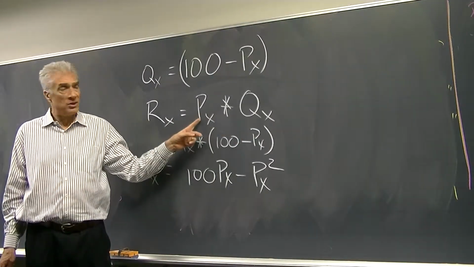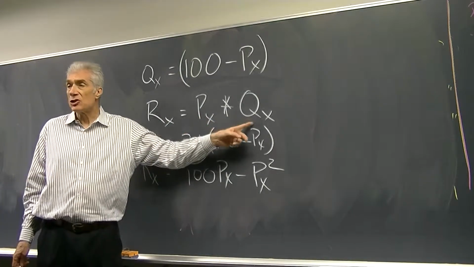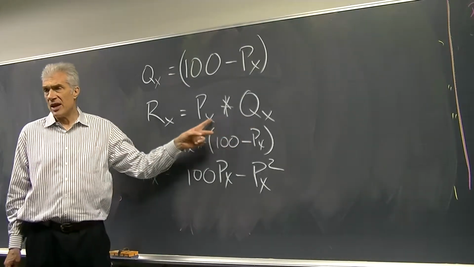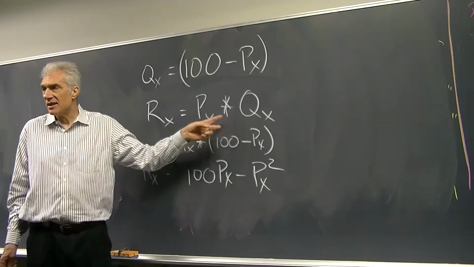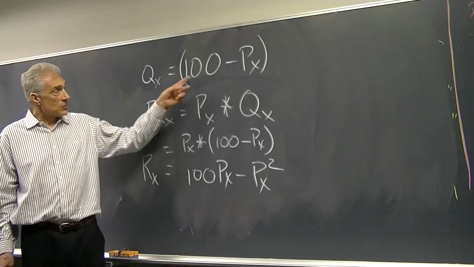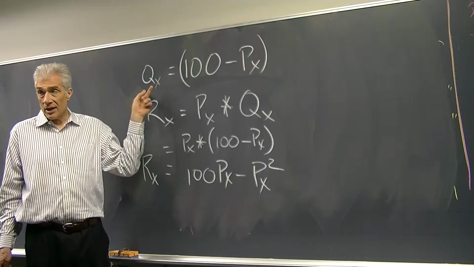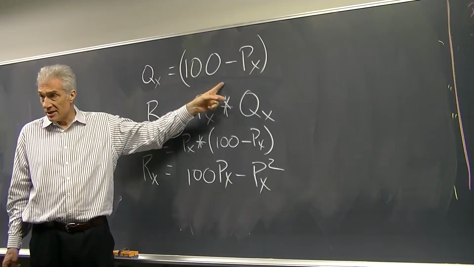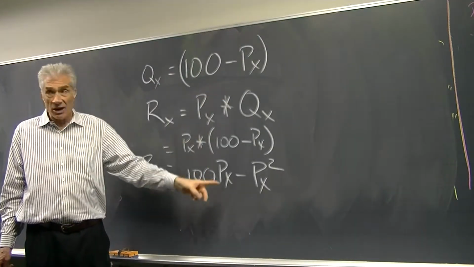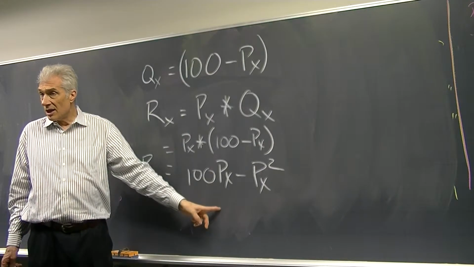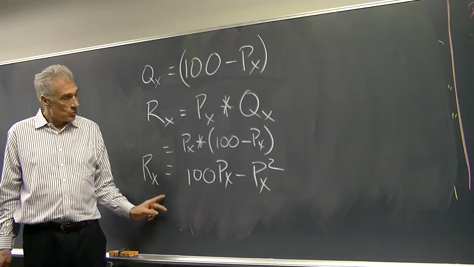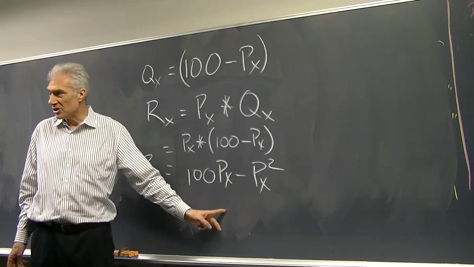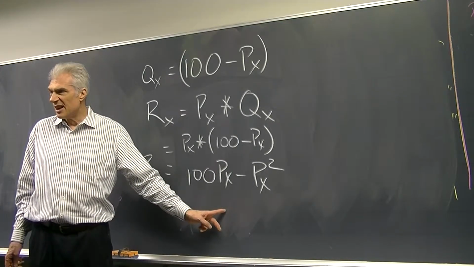That's revenue. So you have to take your definition of revenue. You've had the definition. It's very simple. This is not rocket science. And just substitute that. You have your quantity. You can put that in terms of price. We want one variable so that we can see how the change in revenue is with the change in one of the variables, and here we're going to do it with price.